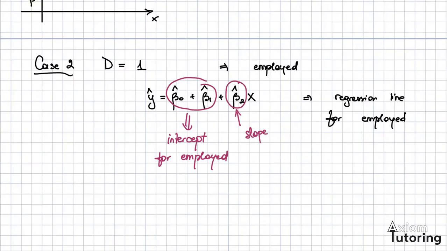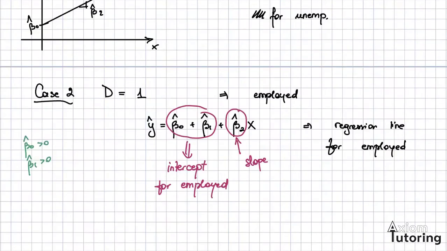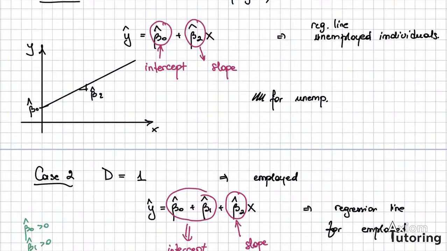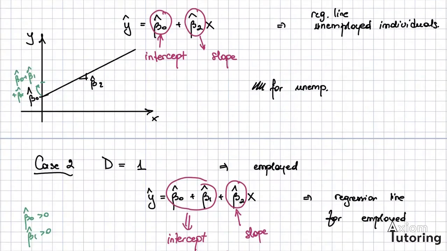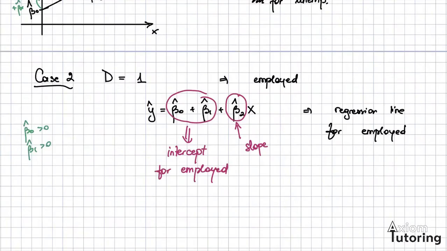Okay? So I'm making a further assumption here that both beta 0 hat and beta 1 hat are positive. If I translate this line into the same graph that I have here, I'm shifting beta 0 up by beta 1 hat. So I'm going to have a number here, beta 0 hat plus beta 1 hat. And the slope of the line is still beta 2.